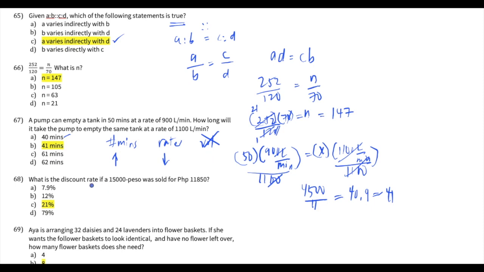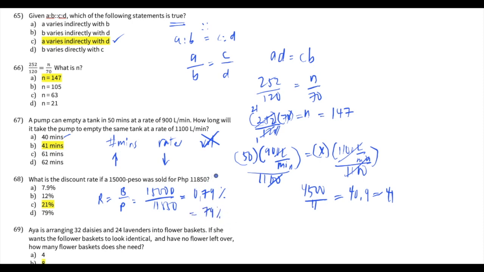What is the discount rate if a 15,000 peso item was sold for 11,850. So we're looking for the rate here, base over percentage. So that's equal to this one over, answer should be equal to 0.79 or equal to 79%. Pero ano ito?